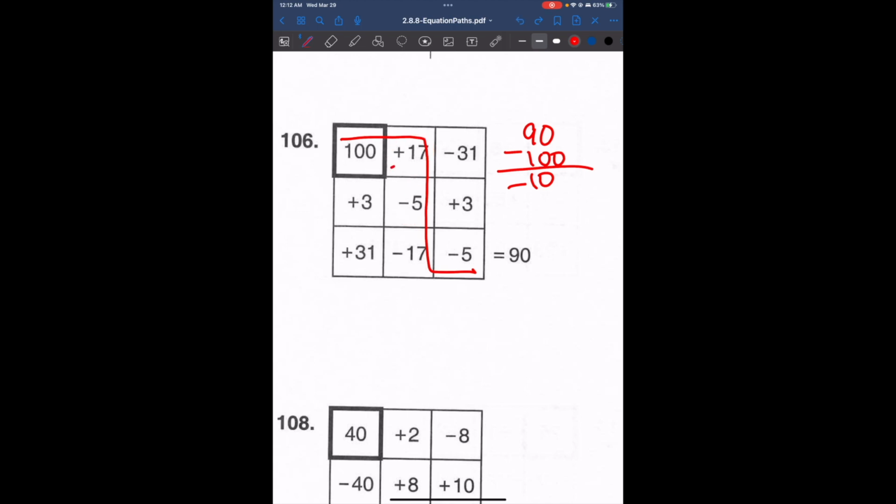And the 17 and negative 17 are equal numbers, just opposite signs. One is positive, one is negative. They add up to 0, so they cancel out. And so eventually the only numbers we're left with are negative 5 and negative 5. So 100 minus 5 minus 5 is 100 minus 10, which is 90. And so this was the correct path that we're going to take.